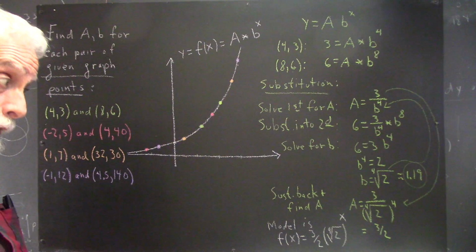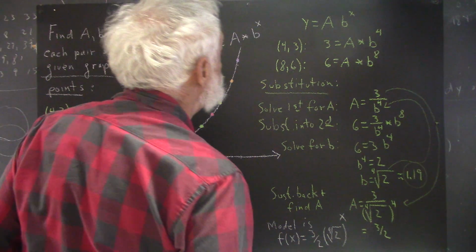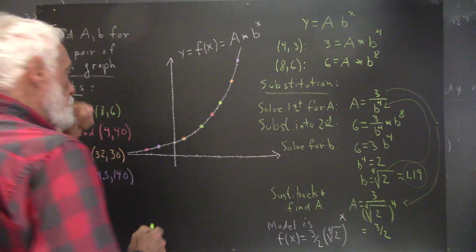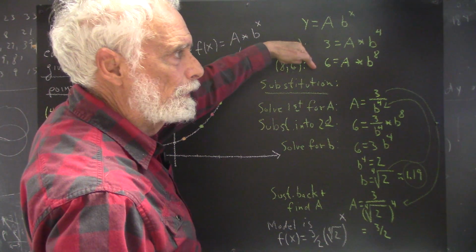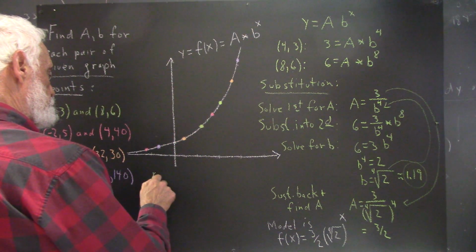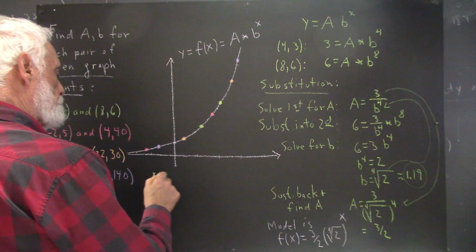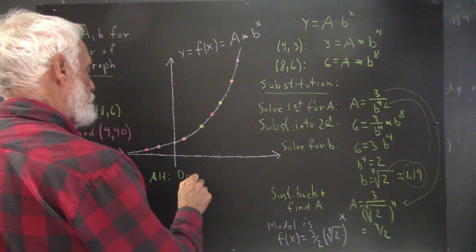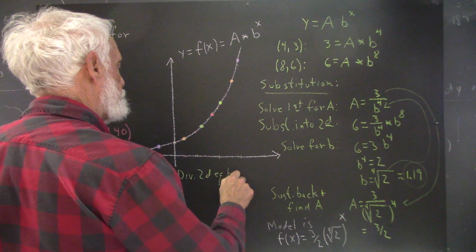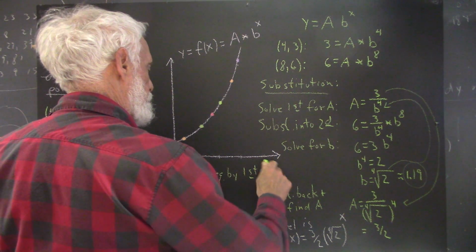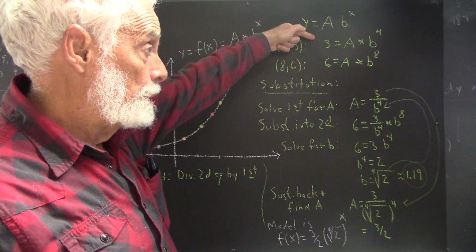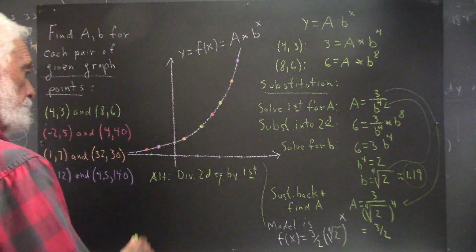Now, one other way we could have done this is we divide the first equation. Let's divide the second equation by the first. So an alternative solution: divide the second equation by the first. I'm going to do this a little more quickly. If I divide the second equation by the first, 6 divided by 3 is 2.